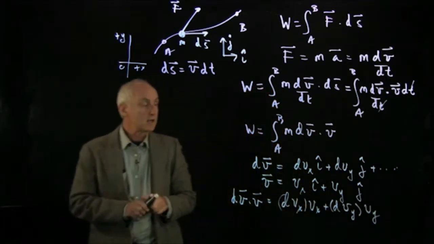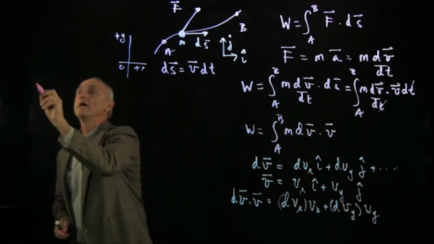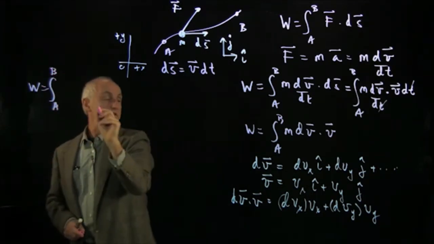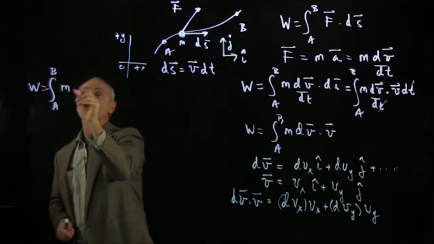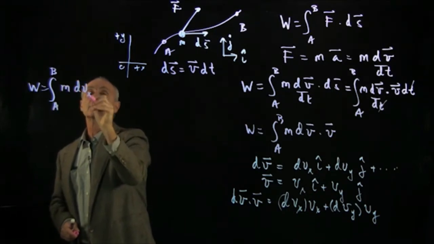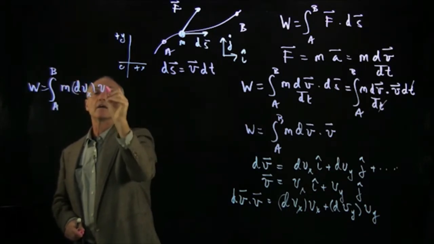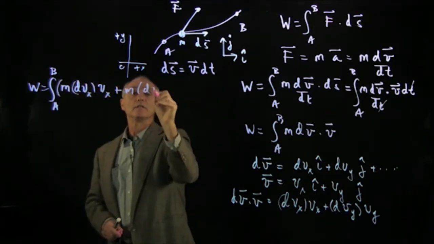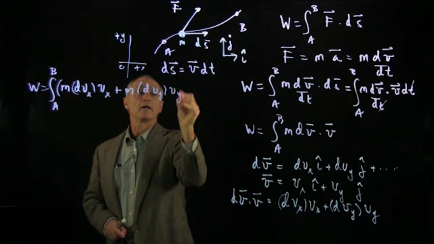And so now our work integral from A to B is equal to the mass times dvx vx, plus the mass times dvy vy.